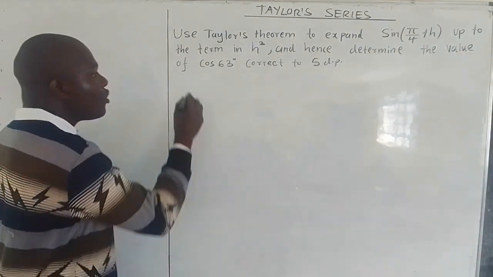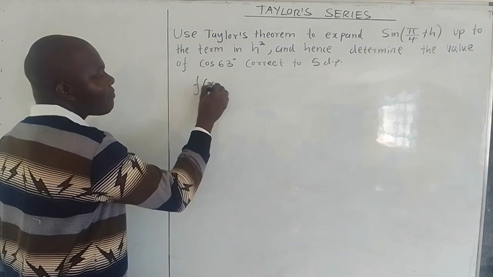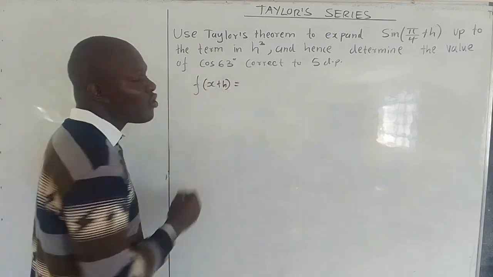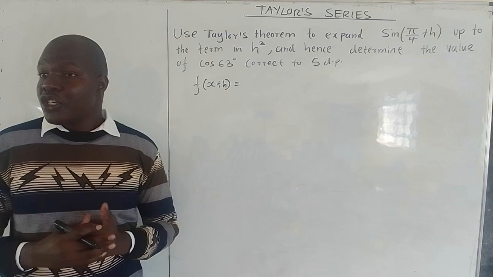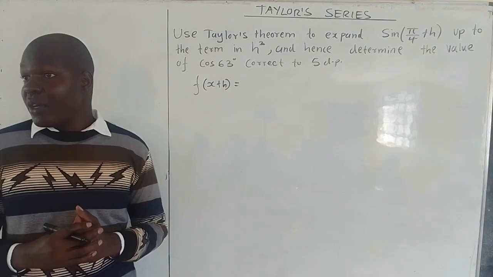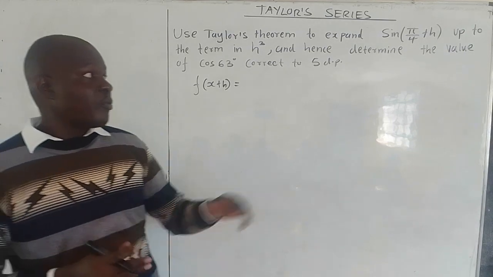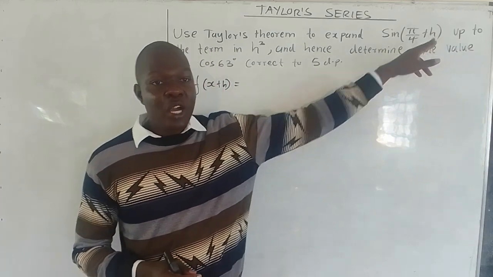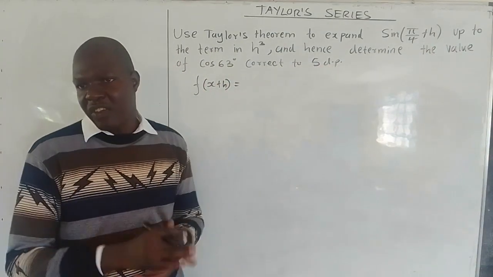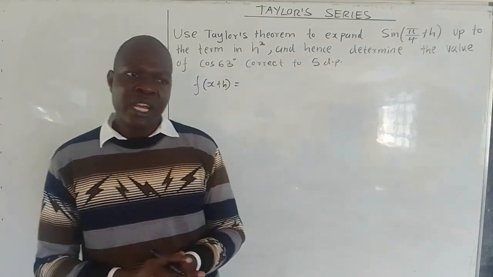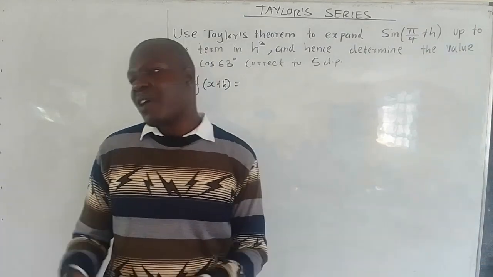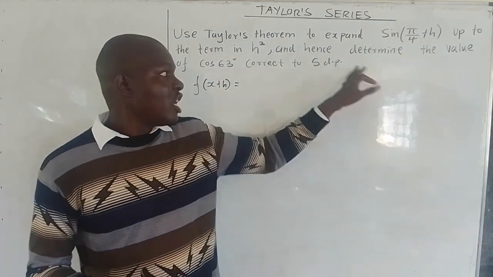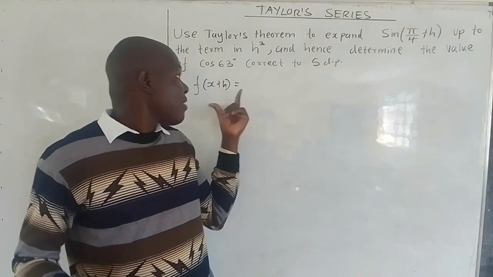So how do we expand f(x + h) in the Taylor series? Yes, so if you have sin(π/4 + h), meaning we are going to expand a function of x plus h.